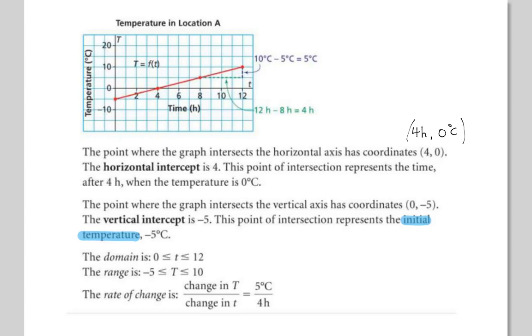Now the domain and range is going to continue to show up in your math courses, whether it's math 10, 11, or 12. You will always have to solve for domain and range. Of course, domain is x and range is y. That is why you can see the domain is using little t, for time, and the range is using capital T for the y-axis.